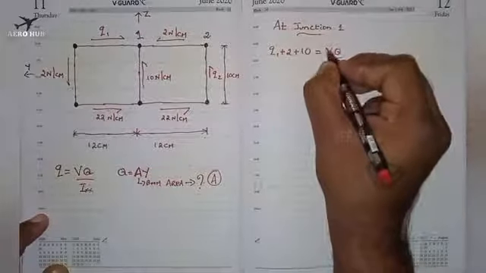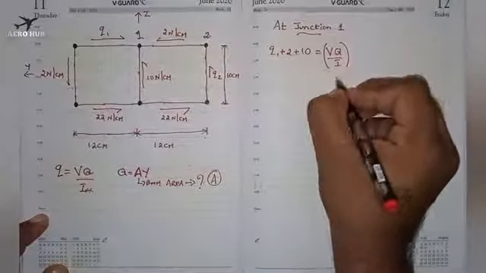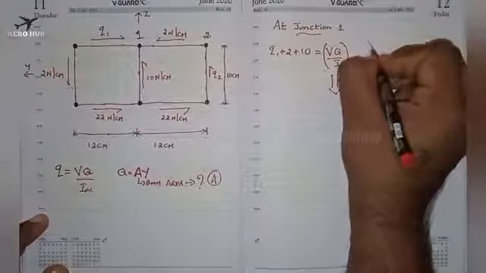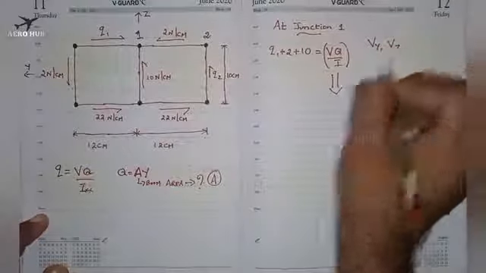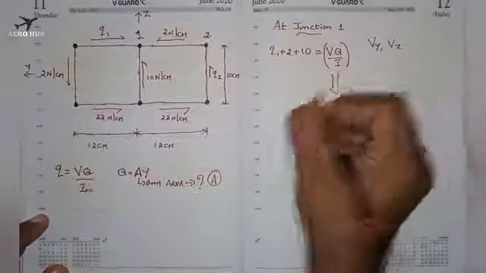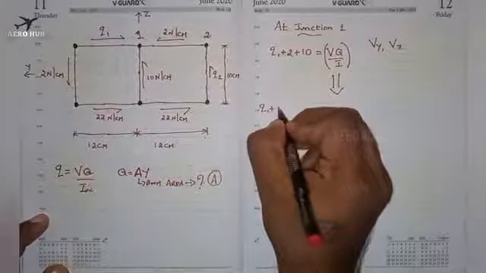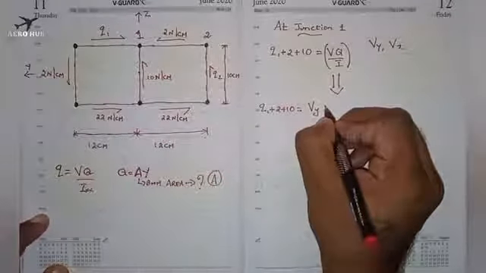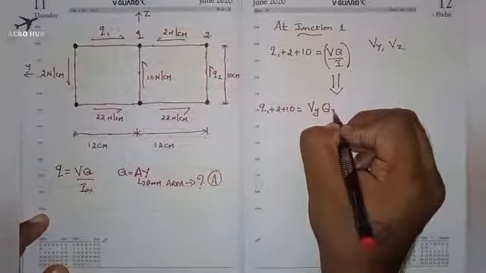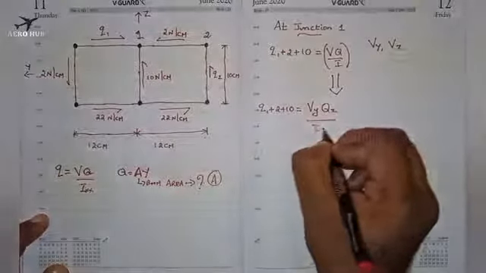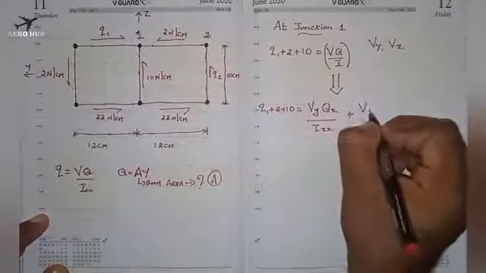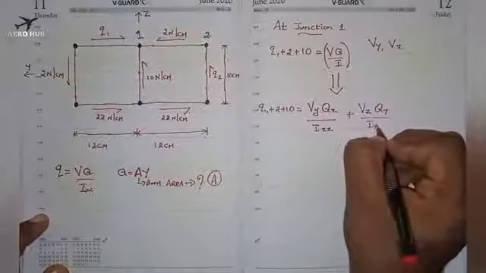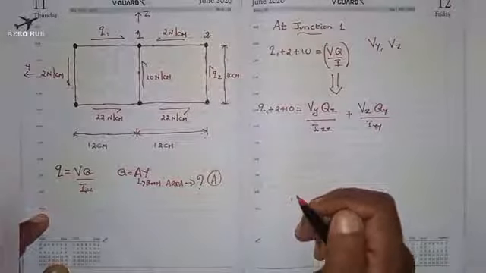This particular equation I am splitting into two, because we are applying both Vy and Vz. So this equation becomes: q1 plus 2 plus 10 is equal to Vy Qz divided by Iz plus Vz Qy divided by Iy. Don't get confused, it's so simple.